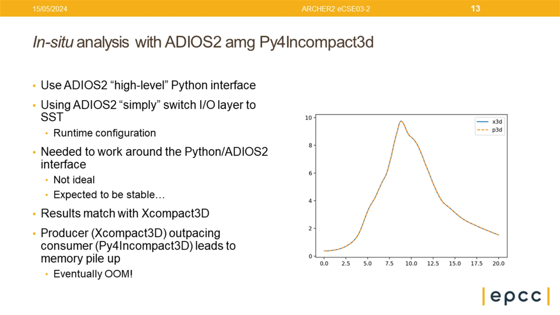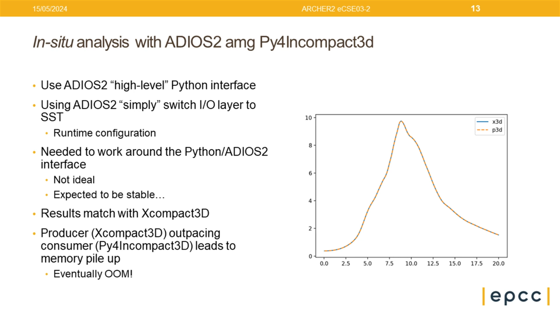So with Pi for Xcompact3D running in parallel, then the remaining step to enable these in-situ analysis was to integrate ARCHER2. So rather than loading binary data via NumPy, using the ARCHER2 Python interface, Pi for Xcompact3D could read the data being output by Xcompact3D when it uses the ARCHER2.